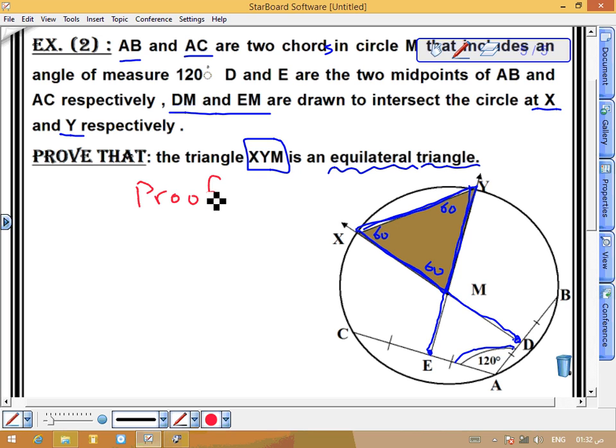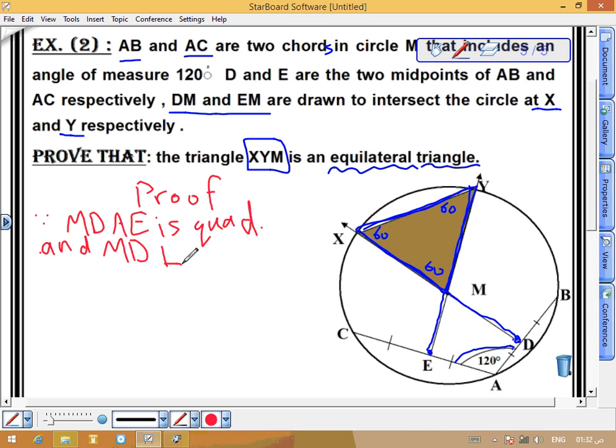We will start our proof. Since MDAE is a quadrilateral and MD perpendicular bisects AB, ME bisects AC.